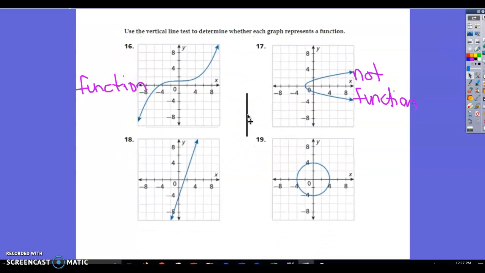You can look at this one. So this one passes 1 point at a time. That is a function. And this one, the circle, you can see that it passes more than 1 point at a time. So that one is not a function. So again, this one is a function. Passes the vertical line test. This one is not a function.